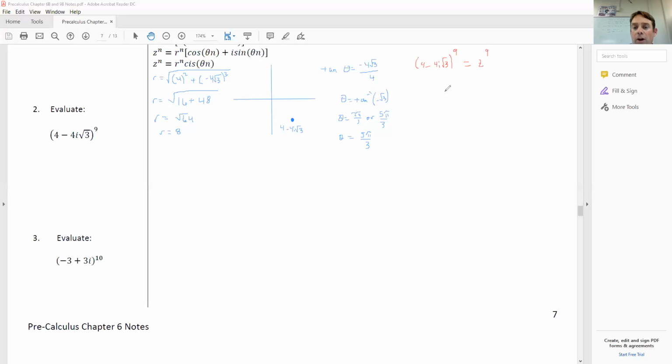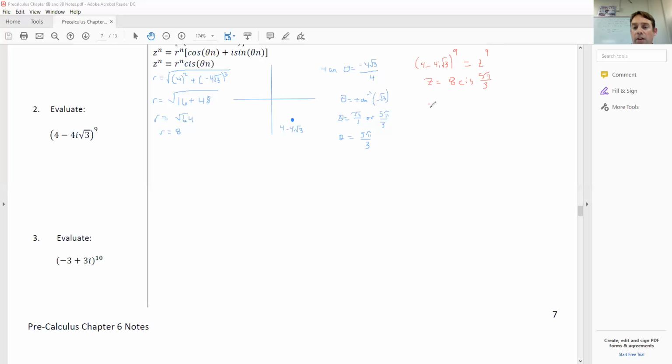So I'm going to rewrite this where I take my complex number in standard form and write it in trig form or polar form. So let's write it as 8 cis 5 pi over 3. So I'm using my modulus, my argument to rewrite this.